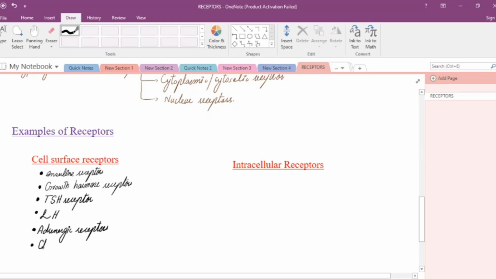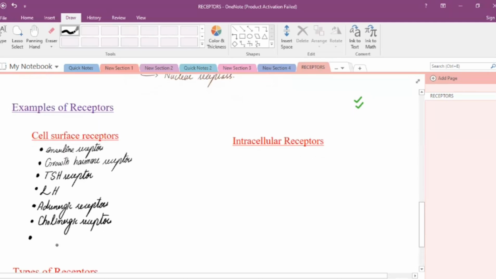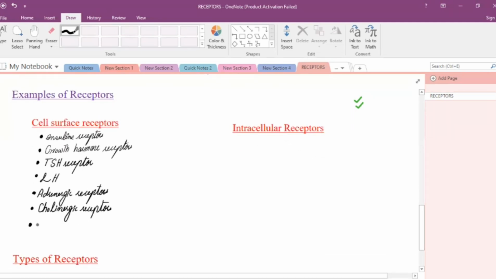Next one is cholinergic receptors. Please don't write on the screen. Next one is dopamine receptors.